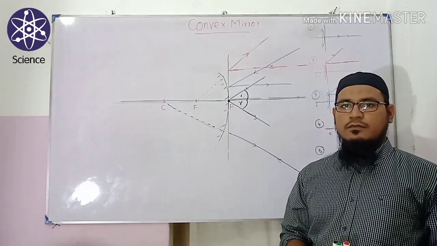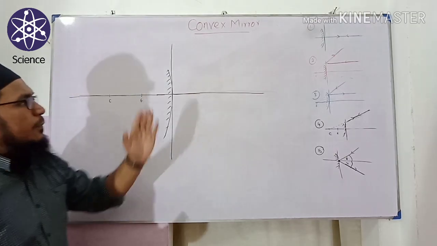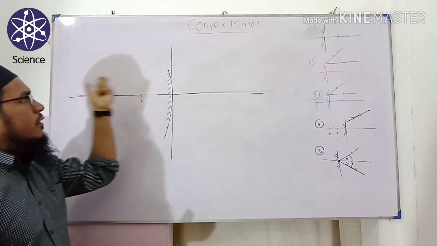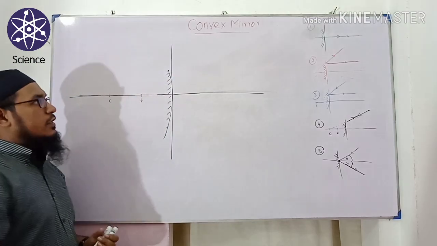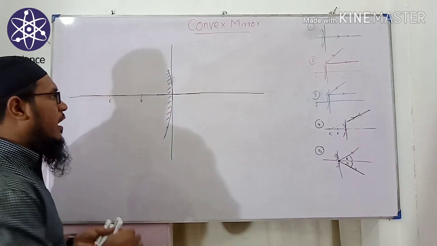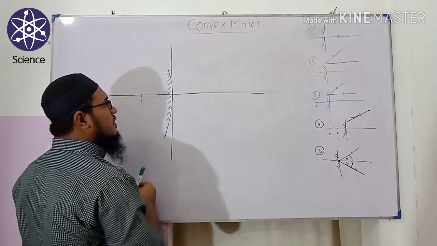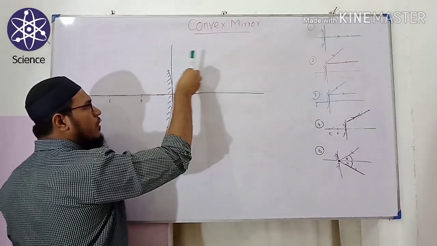Now we are going to keep an object and get the image. Yes, we have done the same thing in the concave mirror. There, when placing the object, because the focal point and the center of curvature were there, we had many locations.